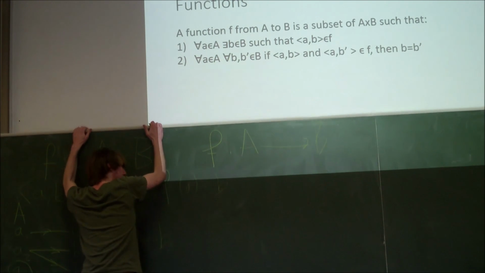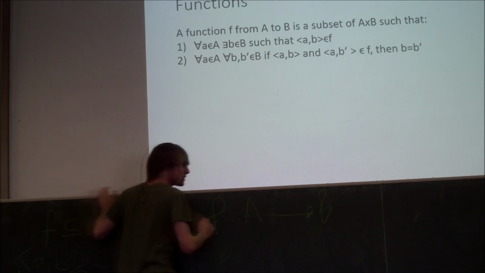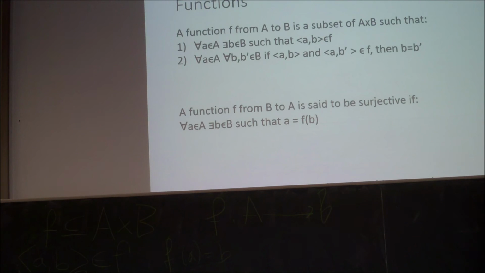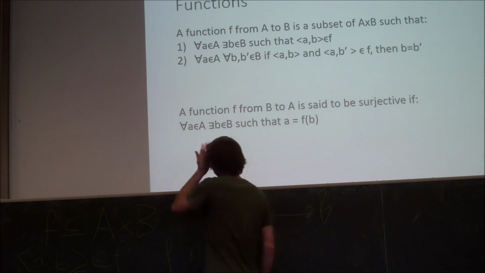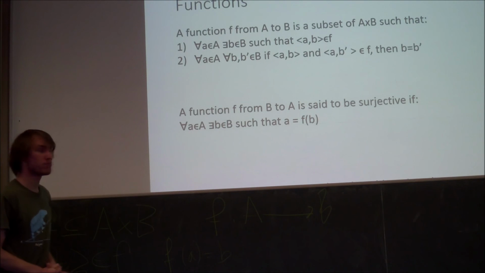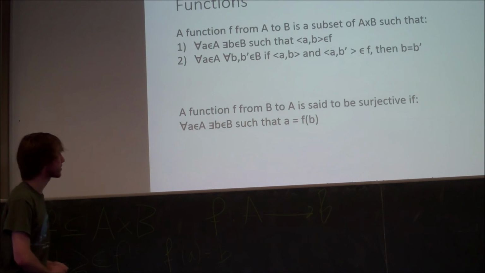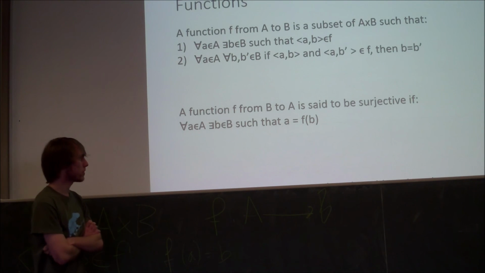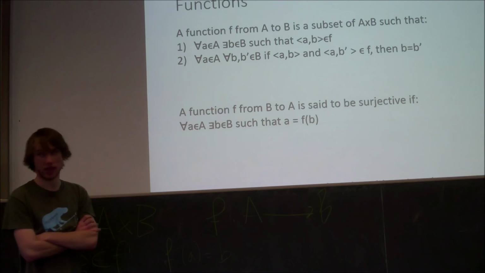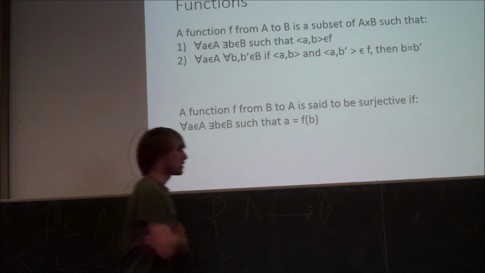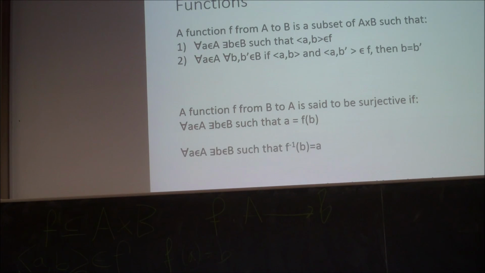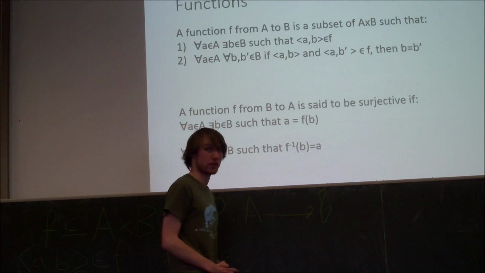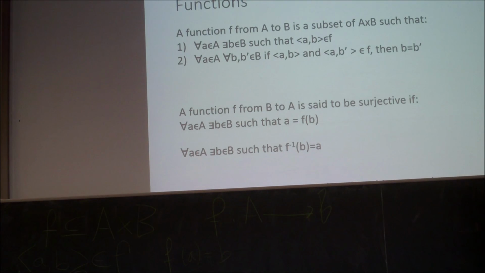And even though it doesn't necessarily look like it, this is something you've all seen before. Because if we cast our minds back again to calculus 1, a function f from B to A, and it'll become clear why I've done it that way around in a second, is surjective if for all A in A there exists a B in B such that A is f of B. And in particular, if we rewrite that, so we've written the bit at the end in terms of f inverse rather than f, you get this.